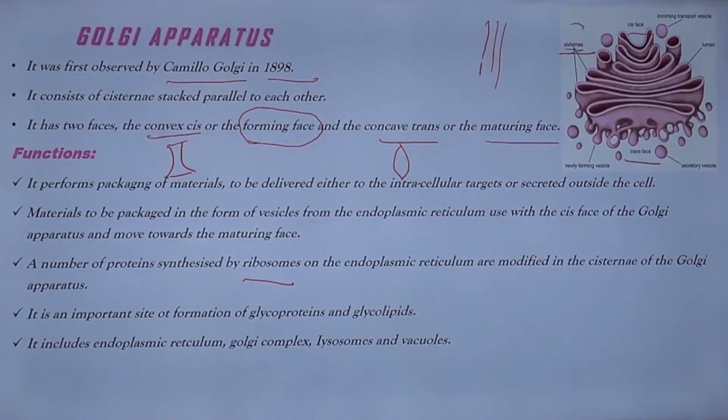Okay, both eukaryotes and prokaryotes. So what did we see before this? If ribosomes are present, what is it called, and if absent, what is it called? We saw in the endoplasmic reticulum rough and smooth endoplasmic reticulum. So these ribosomes are present in the endoplasmic reticulum, which produces protein synthesis. A number of proteins are synthesized and modified in the cisternae of the Golgi apparatus.